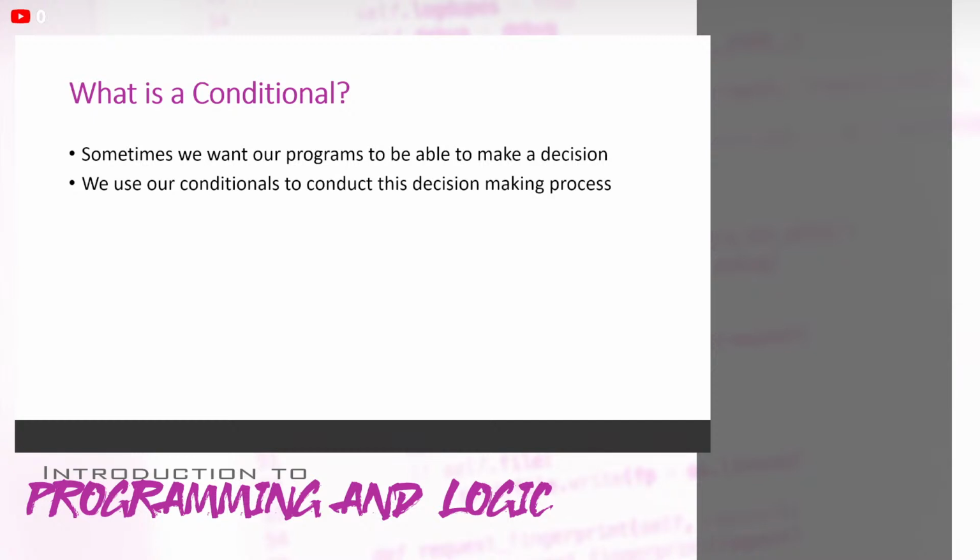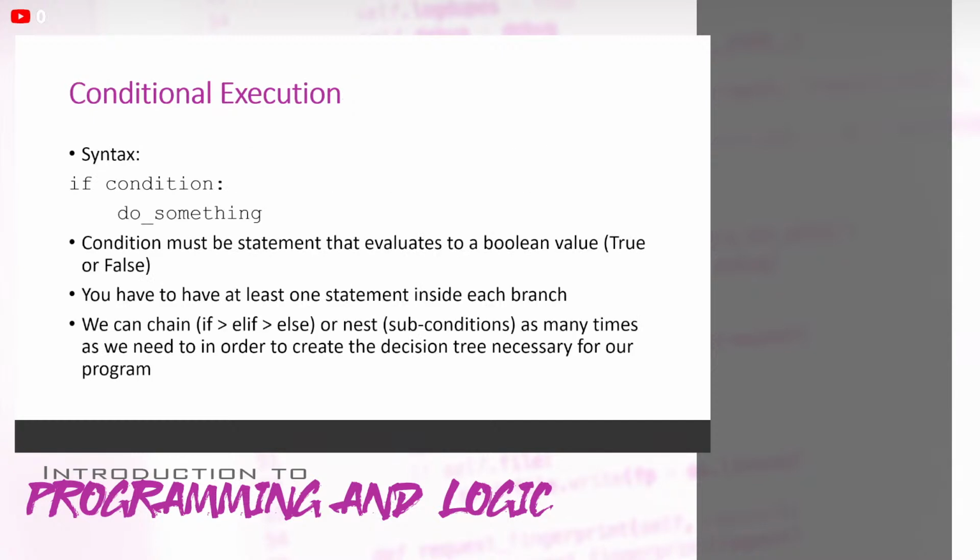The idea being that a condition contains a proposition. It contains a statement that can be evaluated as either true or false. And based on that, we're going to execute a certain amount of code. We usually see a condition look like this: if condition, the condition in this case being a proposition.